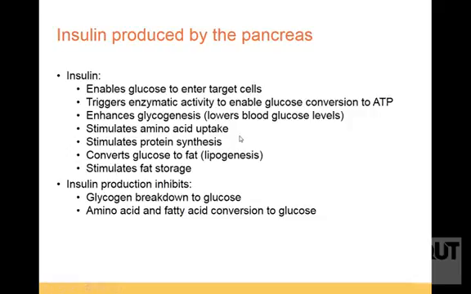Insulin also stimulates amino acid uptake and protein synthesis, and so these are both important for the functional capacity of the cell. Insulin helps to convert glucose to fat, so again, genesis meaning new, lipo related to fat. Excess glucose is actually stored as fat, which is worth remembering if you're thinking about losing weight.